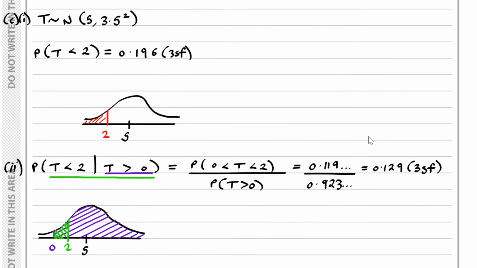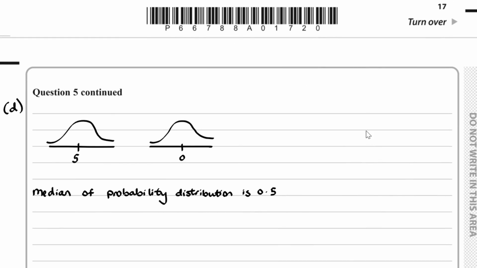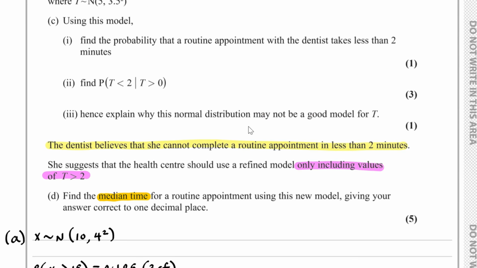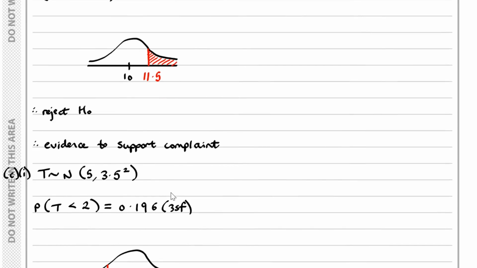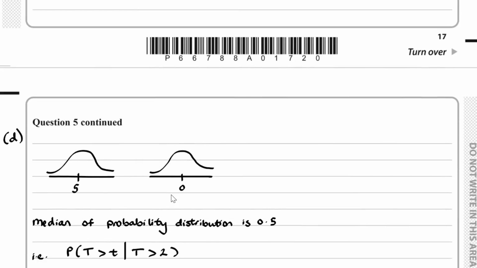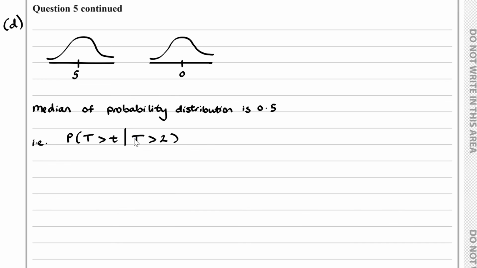So let's just illustrate what we need to do. We have over here the probability that t is greater than some value of t, given that t is greater than 2. Okay, so t being greater than 2 corresponds to this bit over here, and this bit is what I said.